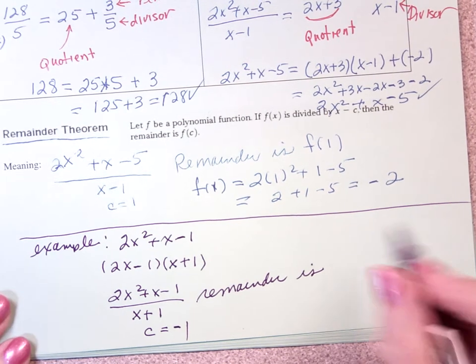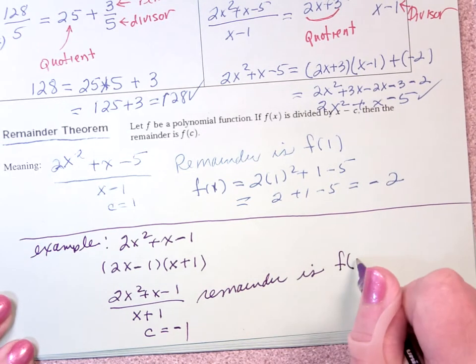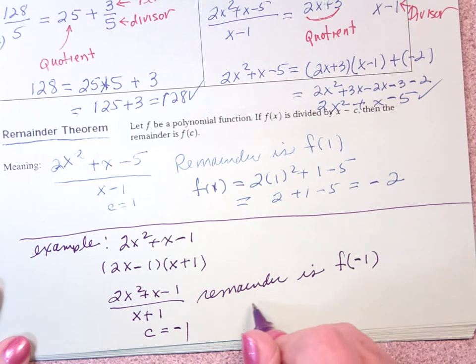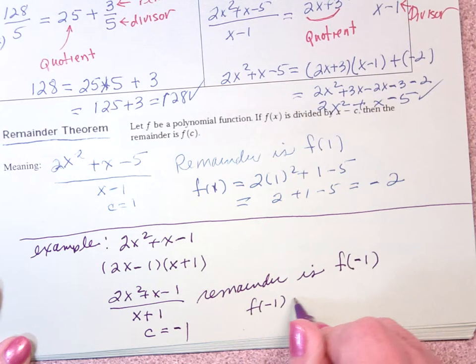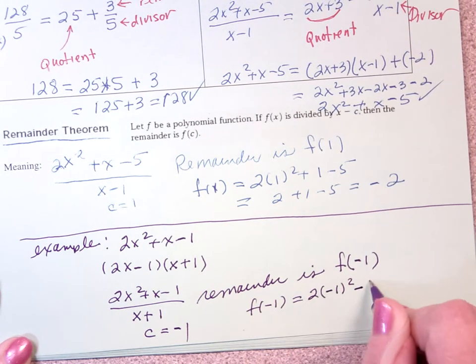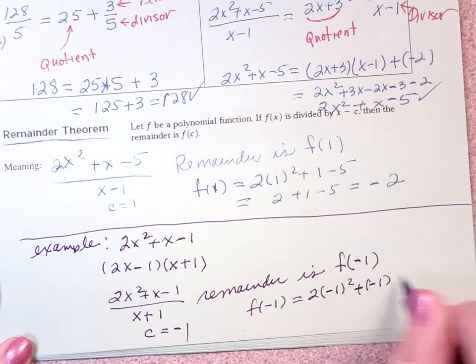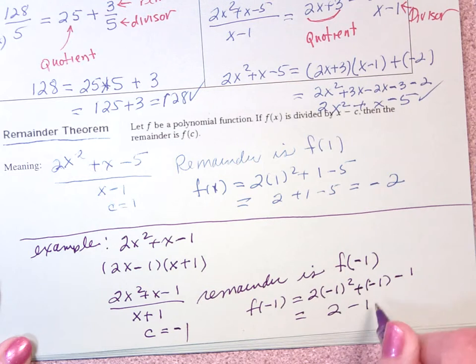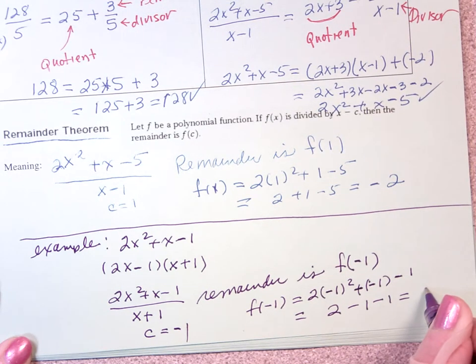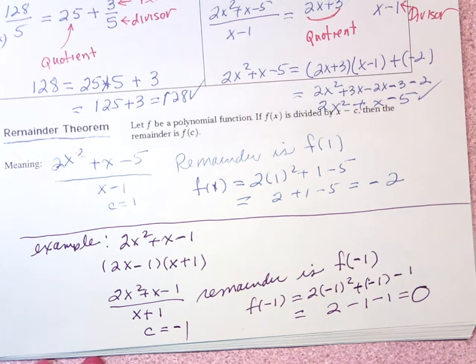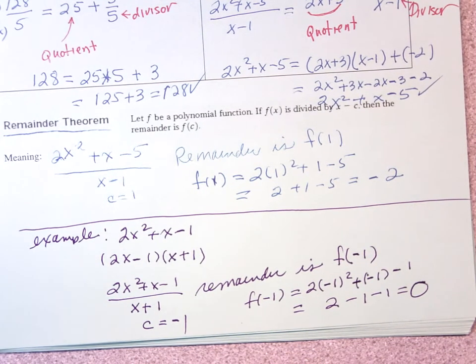The remainder is f of minus 1. F of minus 1 would be 2 times minus 1 squared plus a minus 1 minus 1, which is 2 minus 1 minus 1, which is 0.